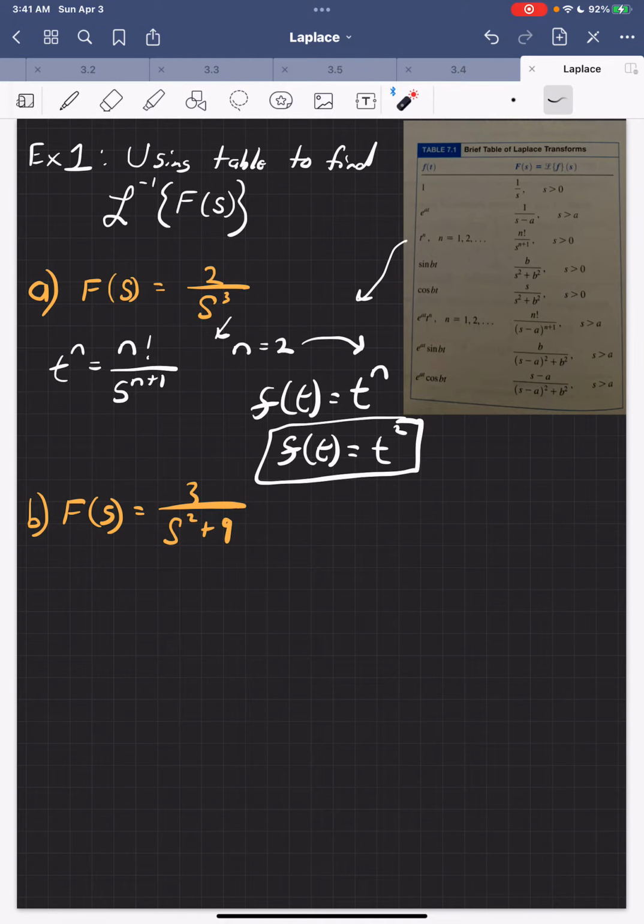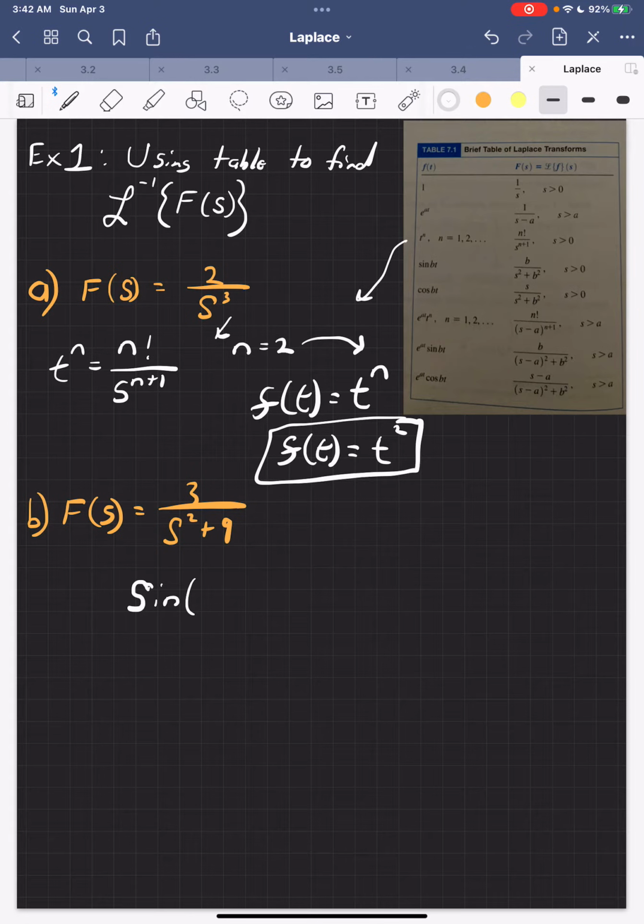Let me see. Maybe I'm incorrect about that. Yeah, actually, I was lying. I was thinking we might have to do something with the 3 in the numerator, but nope, that's not with this one.